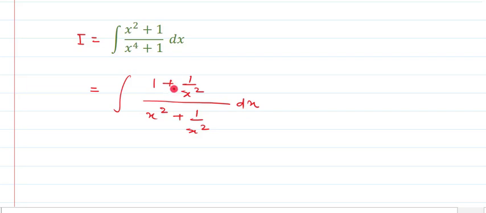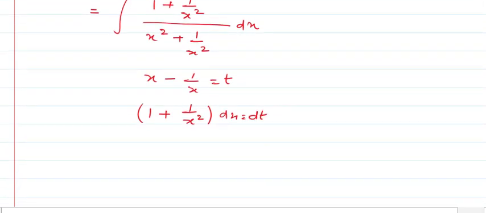So here we have a plus sign, so we'll put x minus 1 upon x as t. Clearly its derivative is 1 plus 1 upon x square, dx is equal to dt. This is to get rid of the numerator.